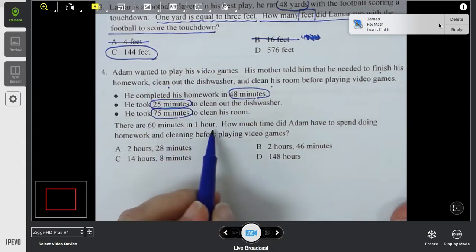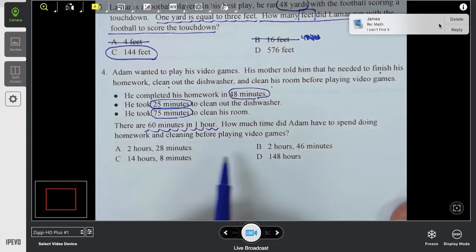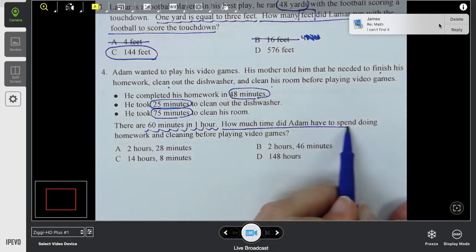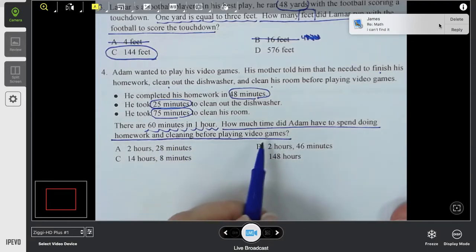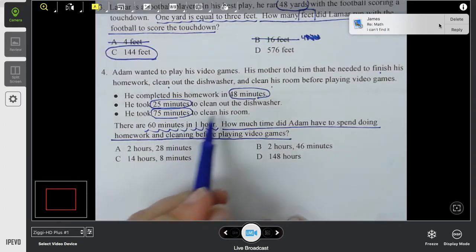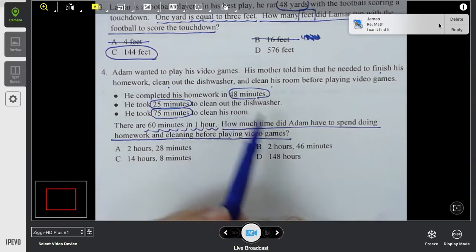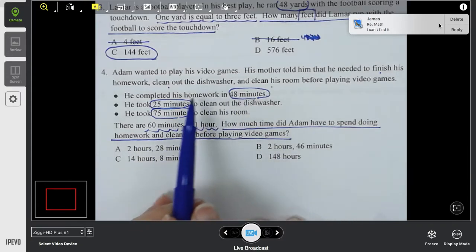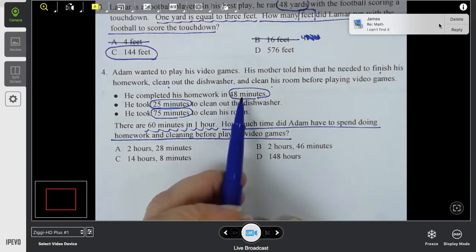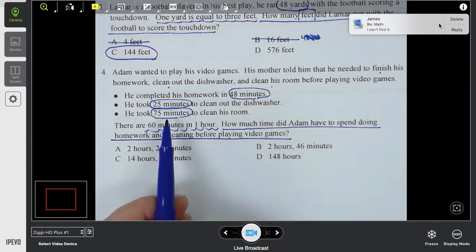There's 60 minutes in an hour. There's our conversion. How much time did Adam have to spend doing homework and cleaning before playing video games? Okay, so if I read this really quickly and I was not really paying attention, I would just add all 3 of these together because that's how much time he spent on his 3 chores.